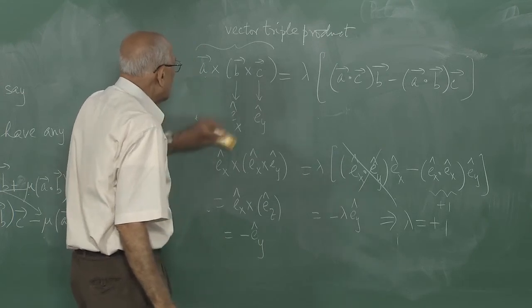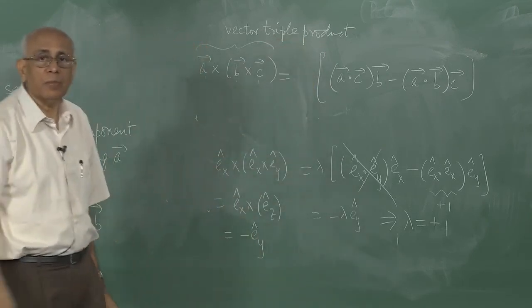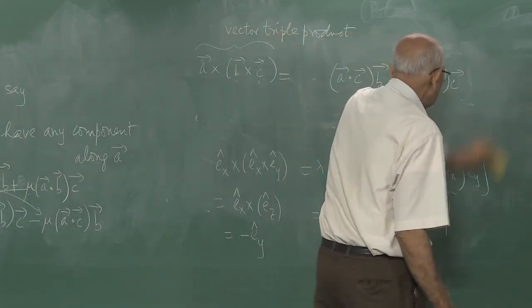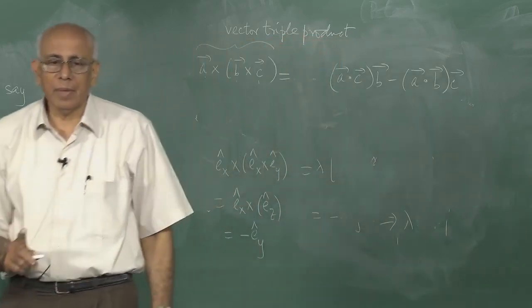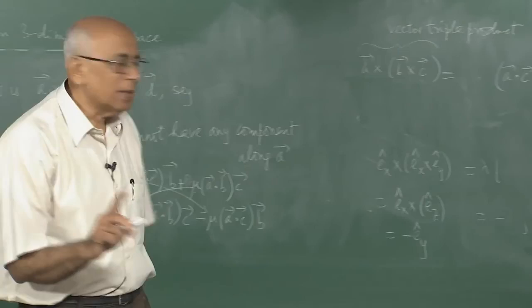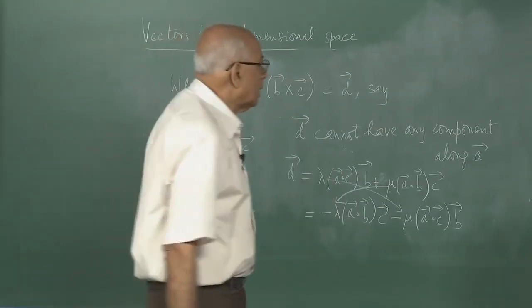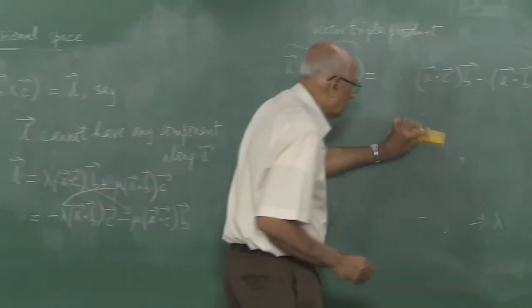We can now write down what this formula is. Lambda has got to be 1, that is it, that is the formula for the vector triple product. And notice I did not use any special coordinate system. I did not write down the components of A, B and C and so on. I used extremely general arguments to find out that the answer can only be this, it cannot be anything else.